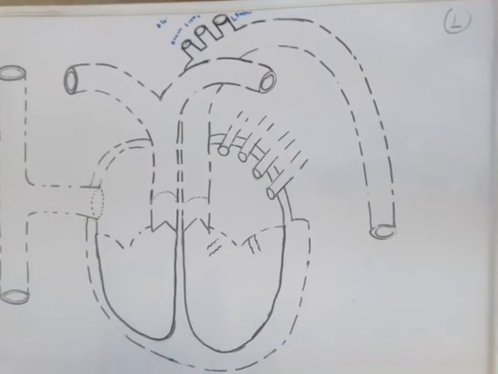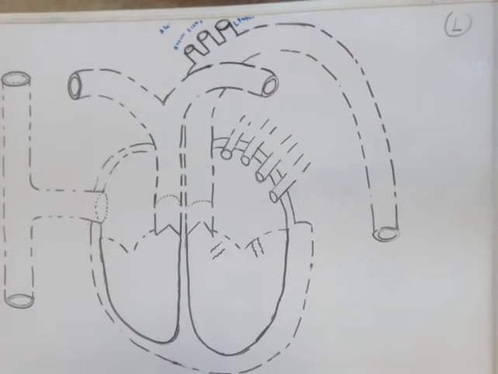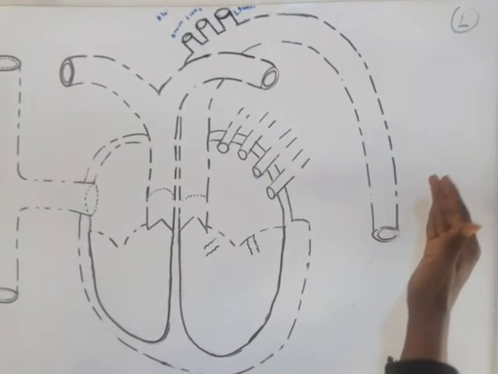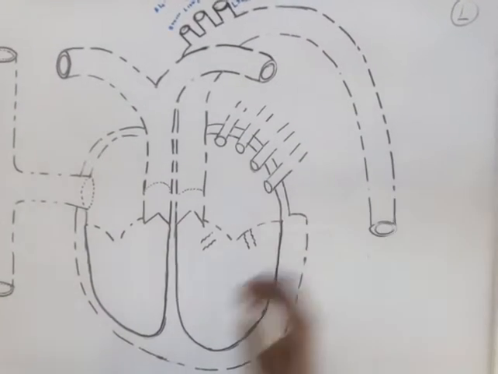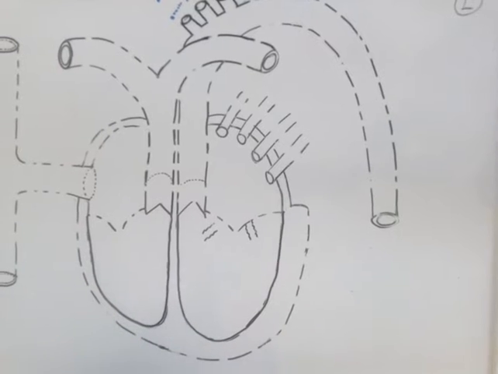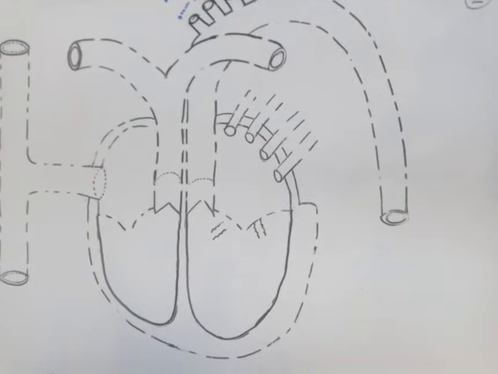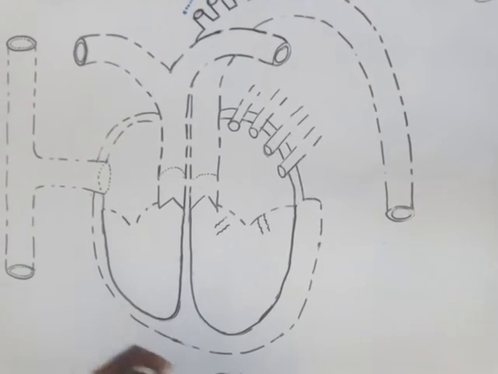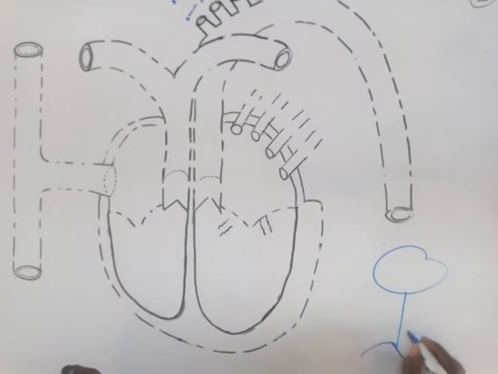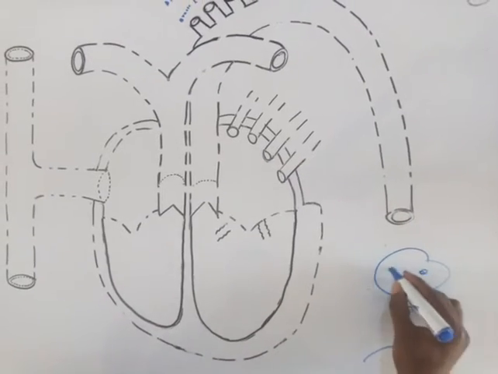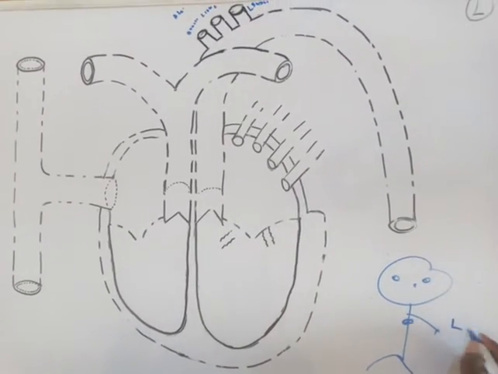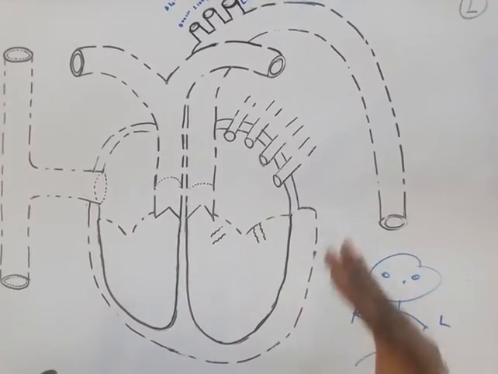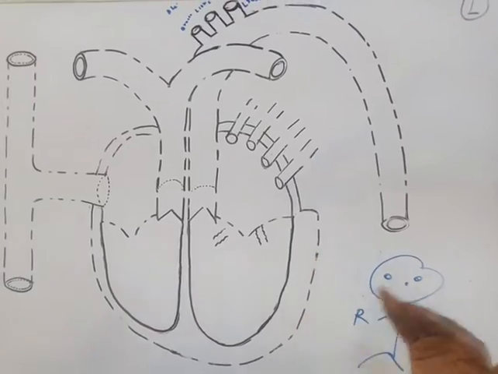But in anatomy, when you are looking at a diagram, it is as if you are looking at someone else's. As you look at this diagram, you say left side or right side, but in anatomy it is the other way around. If we are facing this way, this is our left side, and this is our right.